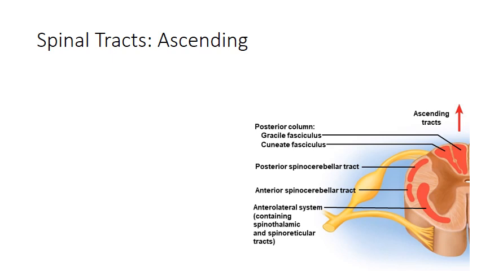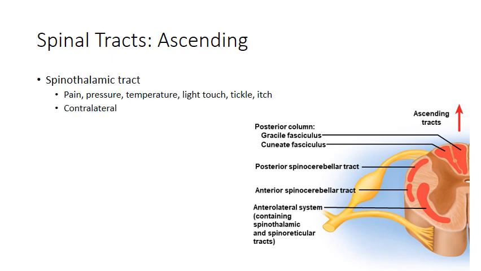Okay, so let's go ahead and start with our spinothalamic tract. In our spinothalamic tract, it is going to be responsible for sensing pain, pressure, temperature, light touch, tickle, and itch. Okay. We are going to see that this is a contralateral tract, which means that it does cross over or decussate from one side of the body to the other.